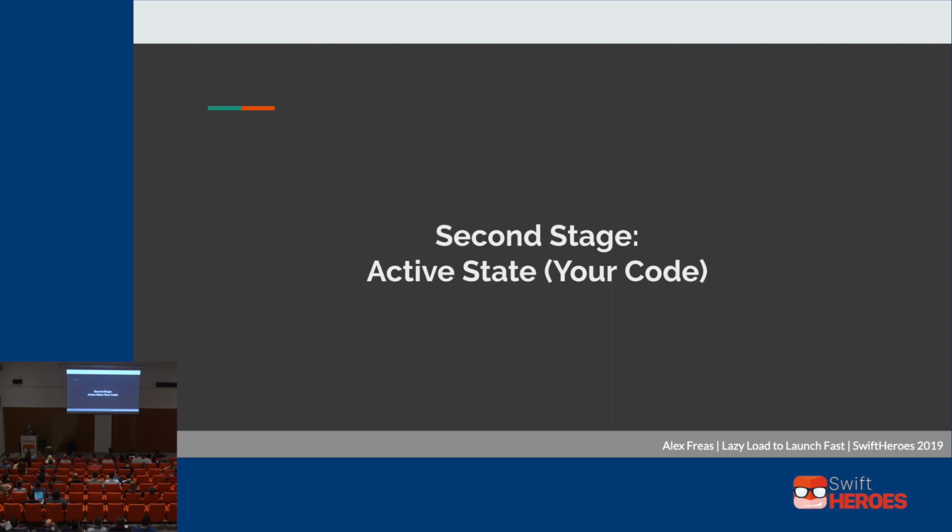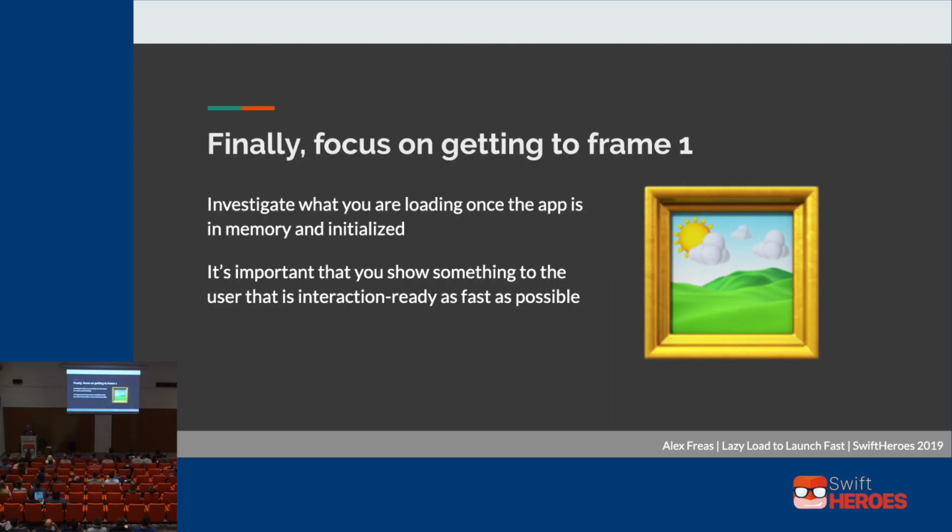Then there's a second stage, the active state, which is your code. Focus on getting to that first frame. You want to figure out what you are loading once the app is in memory and initialized. The main goal after the main loop has started is to get something user-interactable as fast as possible.